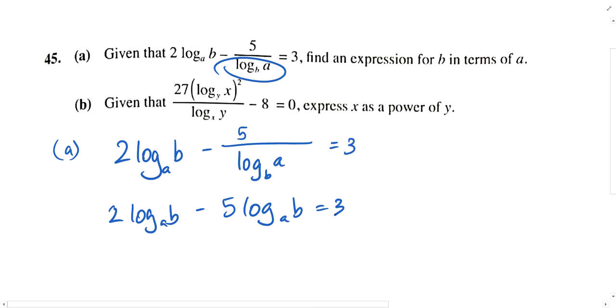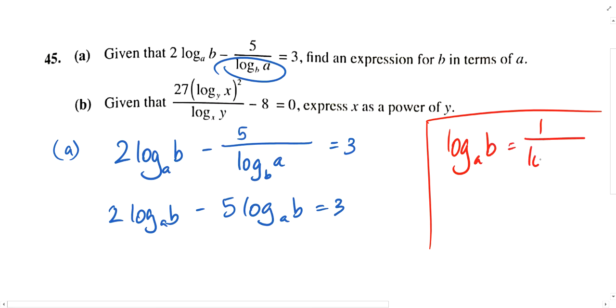The question is, how come she can do this? Change your base. Does anybody need me to explain, or are you okay with this? Okay, so this is the explanation. Log a b equals 1 over log b a. You either memorize this or you go and understand it from your change of base.